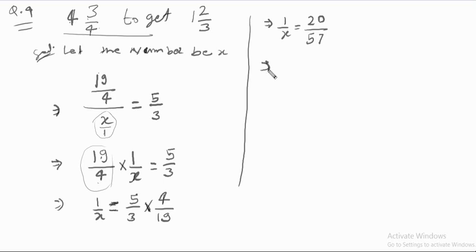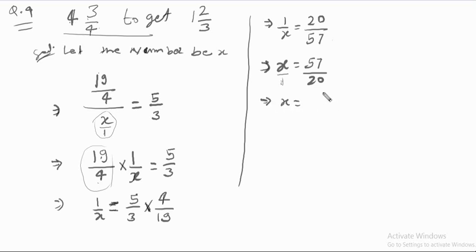If we have to find the value of x, not 1 upon x, we have to take the reciprocal of this whole term. So x is equal to 57 upon 20. Here it was the value of 1 upon x, so to find x we have to take the reciprocal of this term as well.